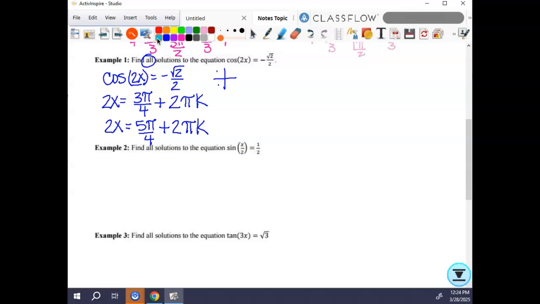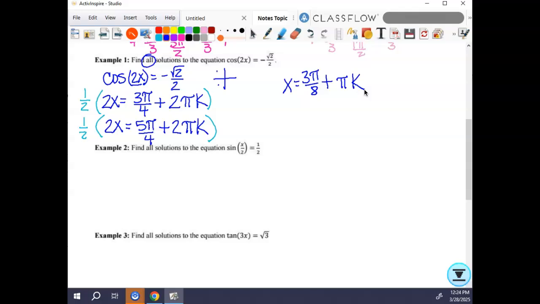I want x. So I need to multiply both of these by 1/2. So when I do that, 1/2 times 2x is x. 3 pi fourths times 1/2 is 3 pi eighths. Plus 2 pi times 1/2 is pi times k.